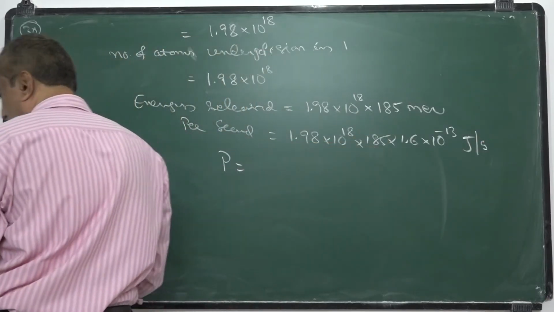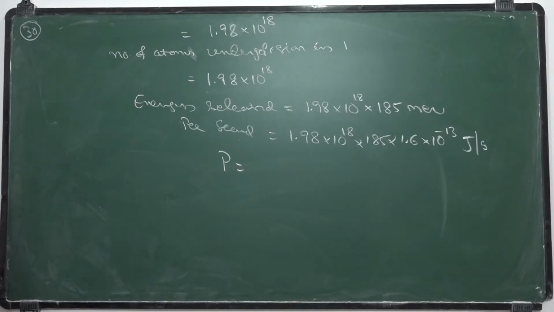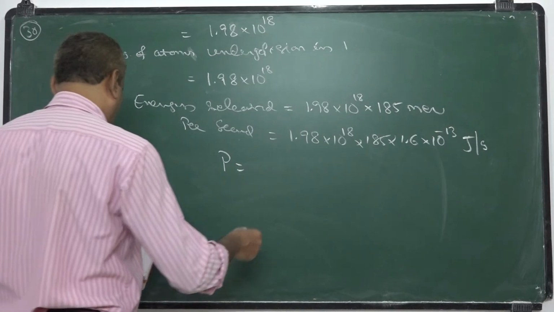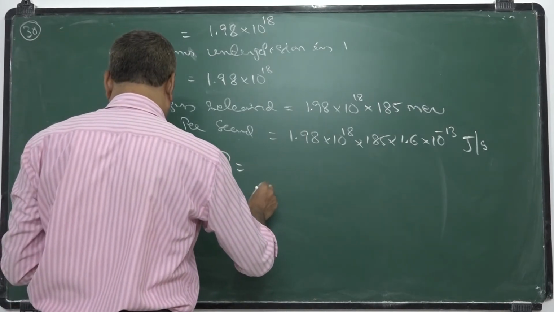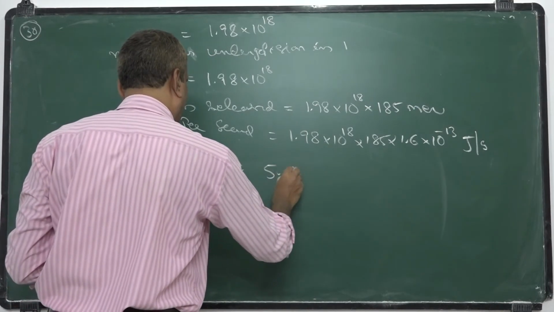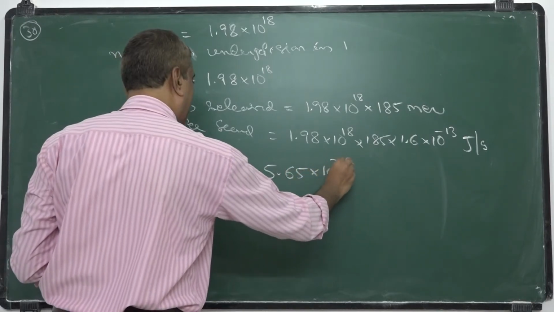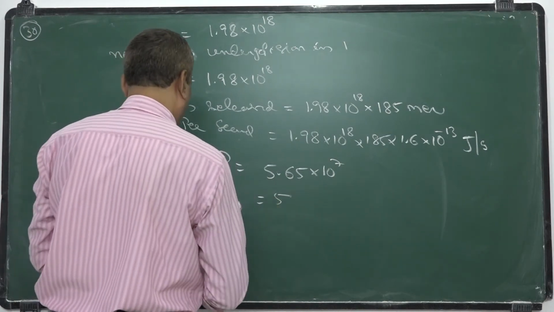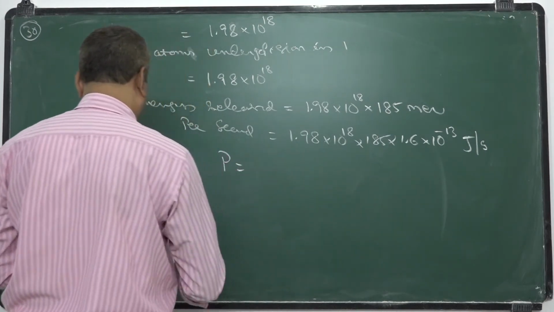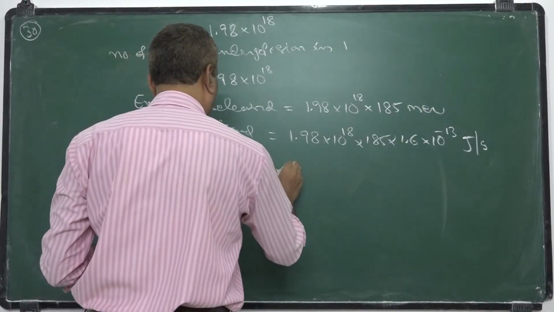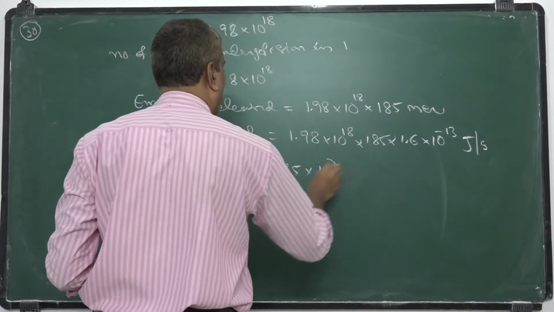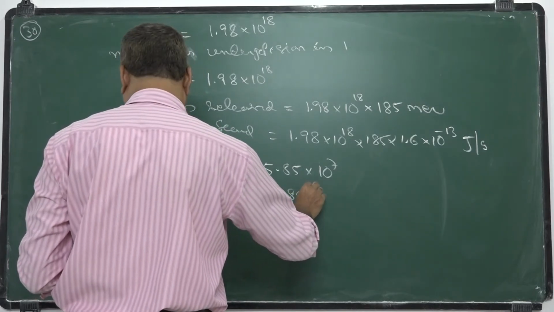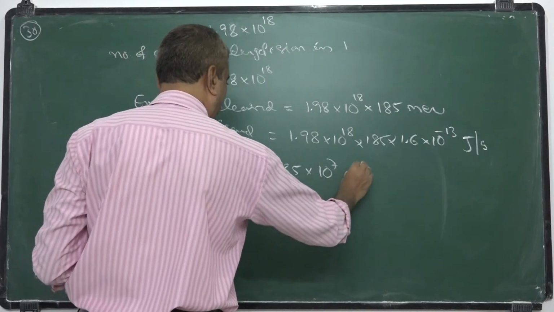So calculating this, we will get approximately, actually we get 5.85 into 10 to the power 7 joule per second, that is watt.